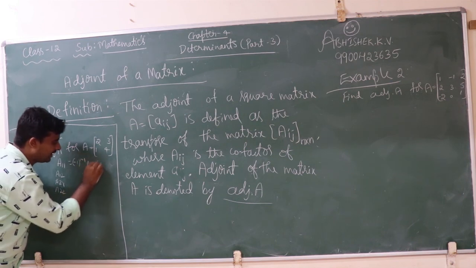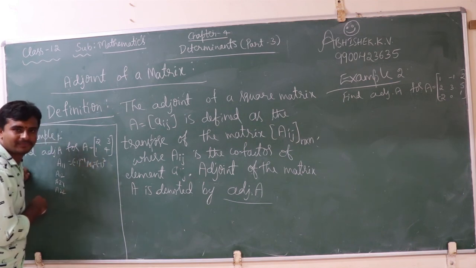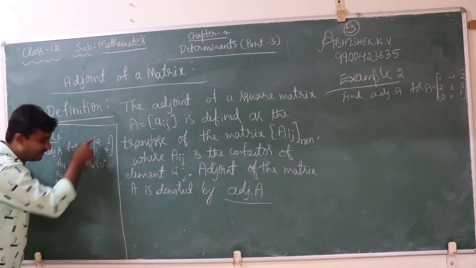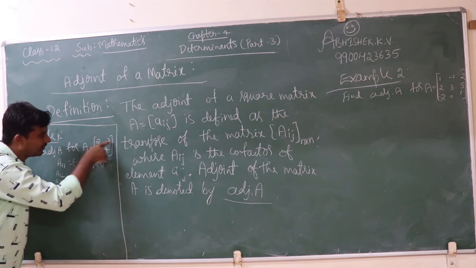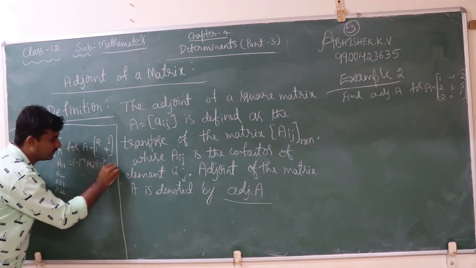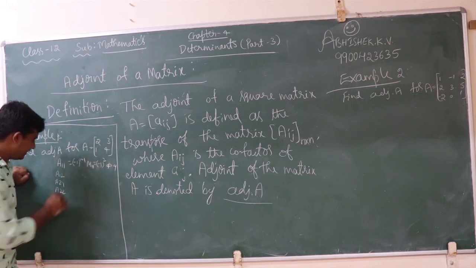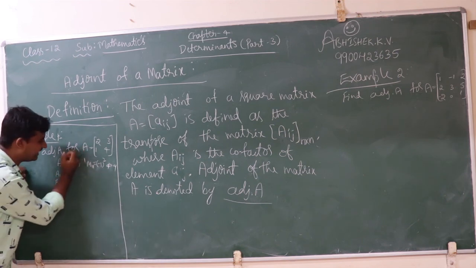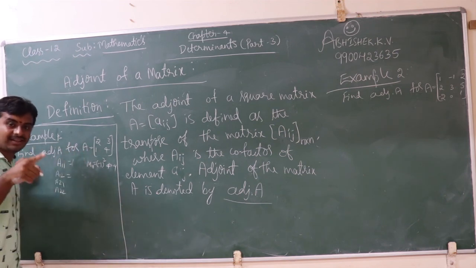This is equal to minus 1 to the power of 2. M11 means deleting the corresponding row and corresponding column, and it is given by 4. Minus 1 to the power of 1 plus 1 is equal to plus 4.